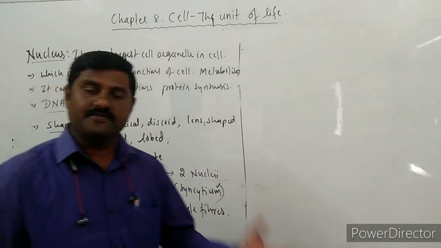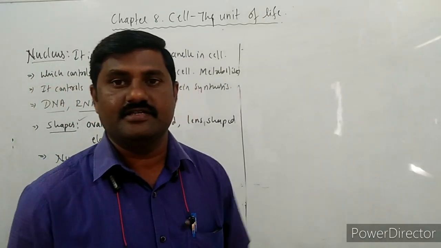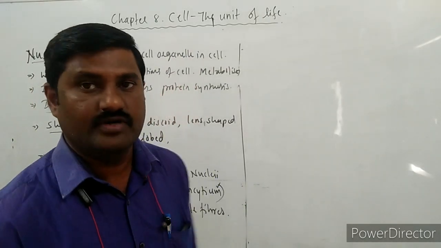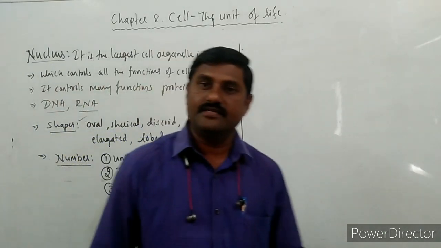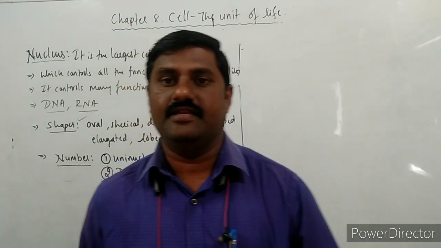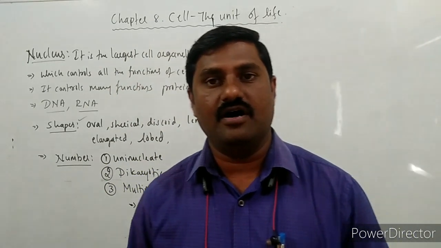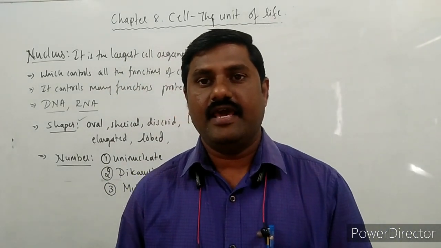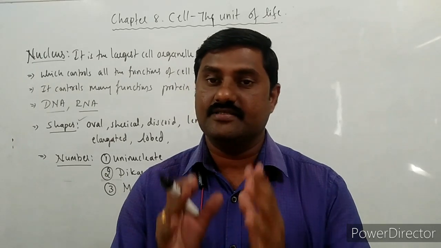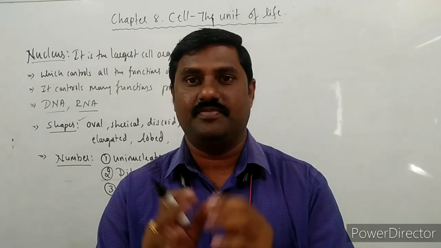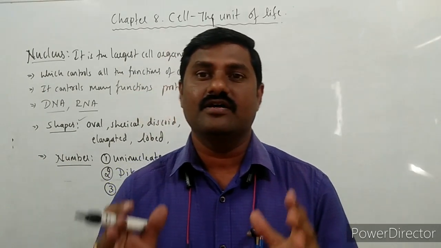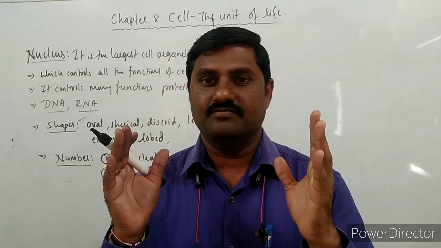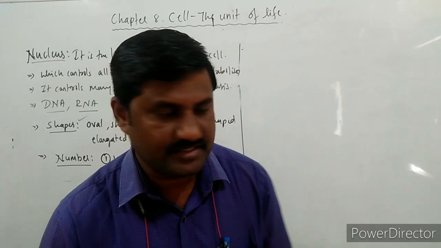In some fungi, the multinucleate condition is seen in just one cell, right? The syncytial condition occurs in these cells because during cell division the nuclear division occurs, but there is no cytoplasmic division.